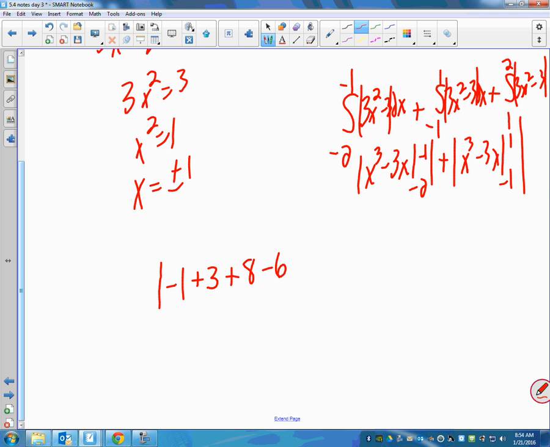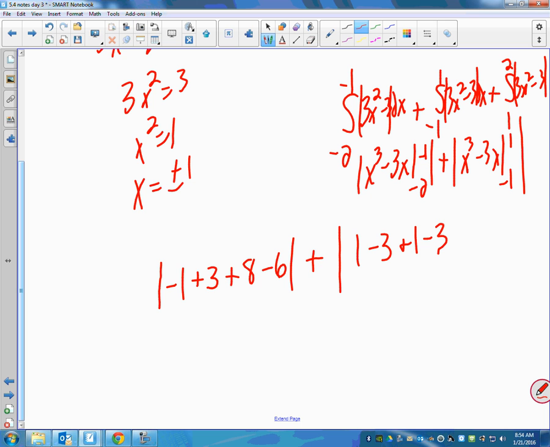The last couple days we've done this, I keep my minus out front, I put parentheses. And I'm going to do the same thing from negative 1 to 1. So that's just negative 1, minus 3, minus the negative 1 plus 1 and then minus 3.